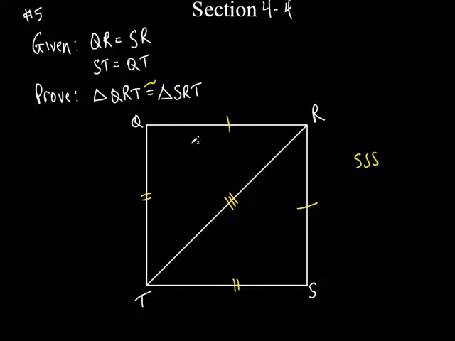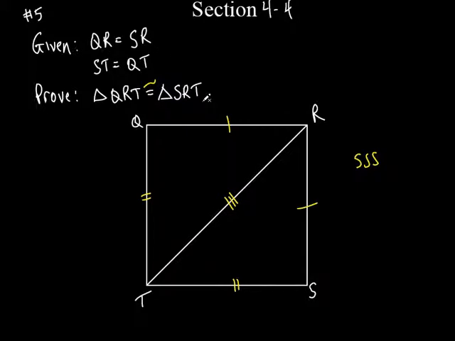Wait till I'm done. Okay? You are not going to use CPCTC because when you want to prove triangles congruent to each other, you only have 2 possible ways so far. We're going to learn 2 more tomorrow, okay? You have 2 ways so far to prove that triangles are congruent. And what are they? Side, side, side, and side, angle, side. That's my only choices to prove triangles congruent.